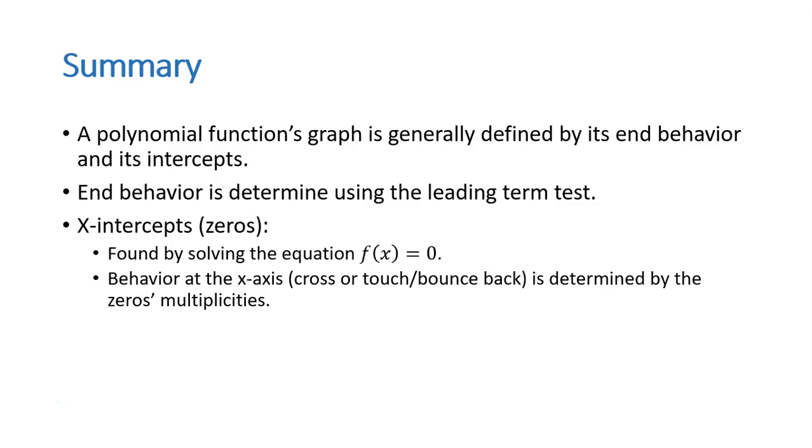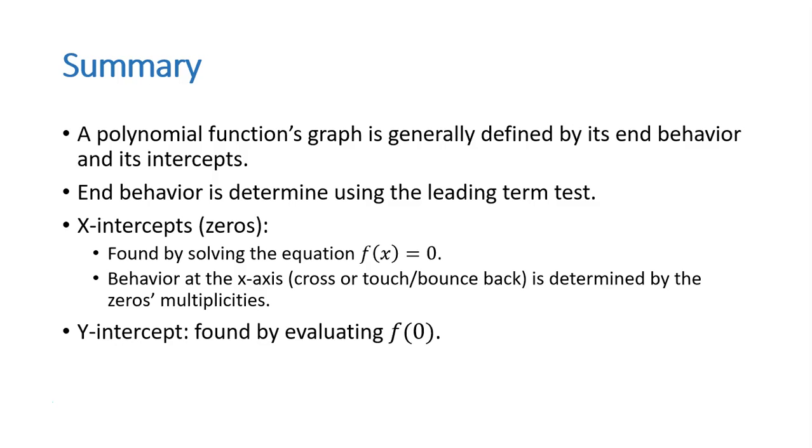This is determined by the multiplicity of each of the intercepts. So once we solve our equation, f of x is equal to 0, by factoring, the multiplicity is going to be the exponent on the factor that gave us that particular x-intercept. And whether that multiplicity is even or odd is going to tell us whether we cross or whether we touch and bounce back. And finally, we can find our y-intercept.